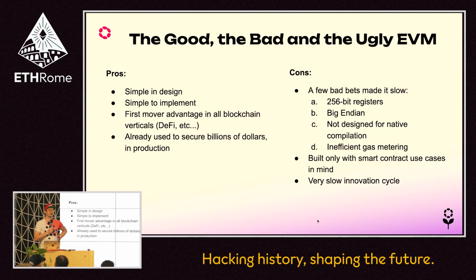EVM. There are a couple of good things about EVM and a couple of bad ones. So let's say EVM is the top industry standard. Obviously, everyone uses it. Tons of money are on EVM smart contracts. Not without a history of problems, but not since lately.